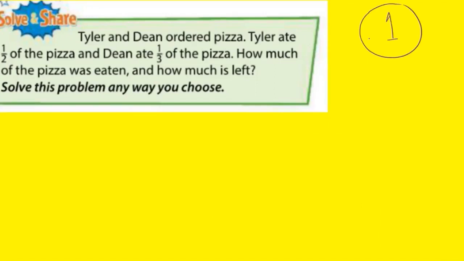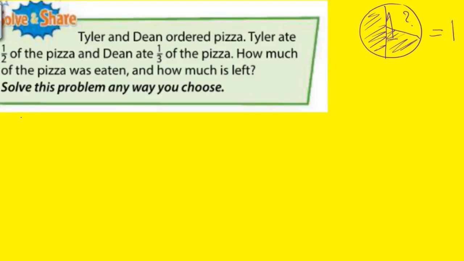From this one, Tyler ate half. This is for Tyler. And Diane ate 1/3. So how much is left? This is what I'm asking about. This is 1 pizza, all of that equals 1.